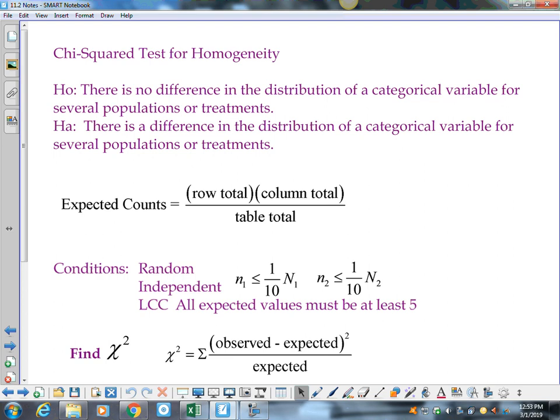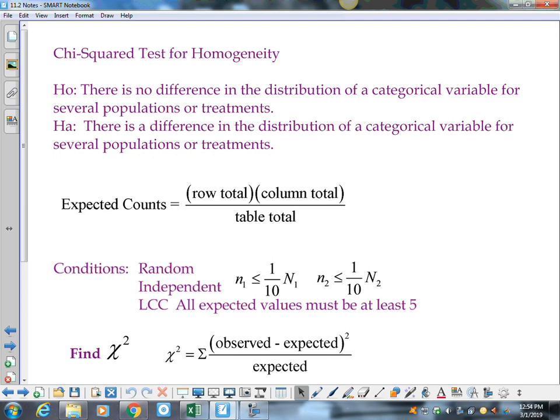How many populations do I have? Two. I have two populations. But what am I concerned about? How many variables am I concerned about? Pepperoni pizza or not. So one variable. So I have one variable, but two populations, and that's what sparks the two-way table.